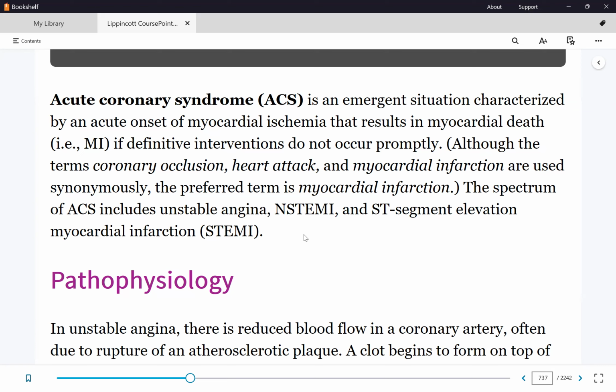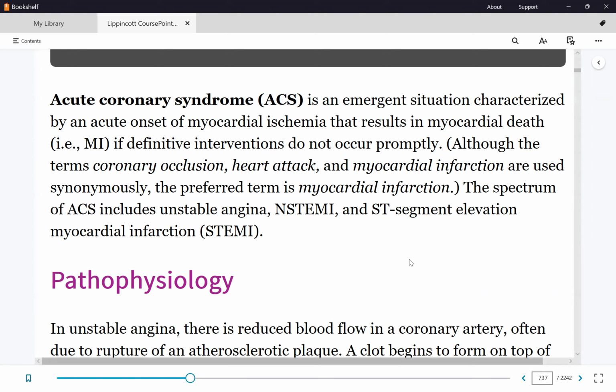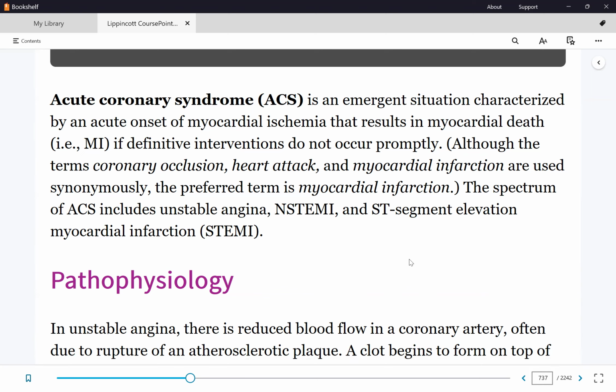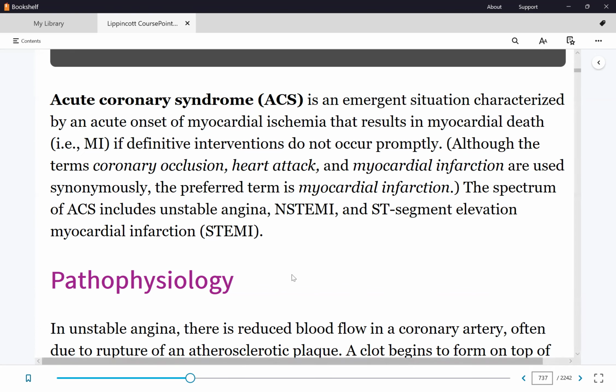Now, I won't say troponin because cardiac enzymes are sets. So cardiac enzymes now include troponins T and I. And then some doctors are still old school. They still order CKMB.